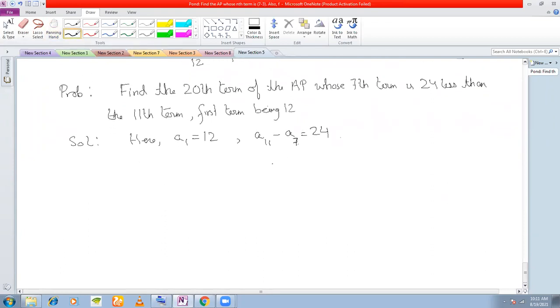So you know the first term. So first let us find out A11. A11 is A1 plus 11 minus 1 into D, which is equal to 12 plus 10D.